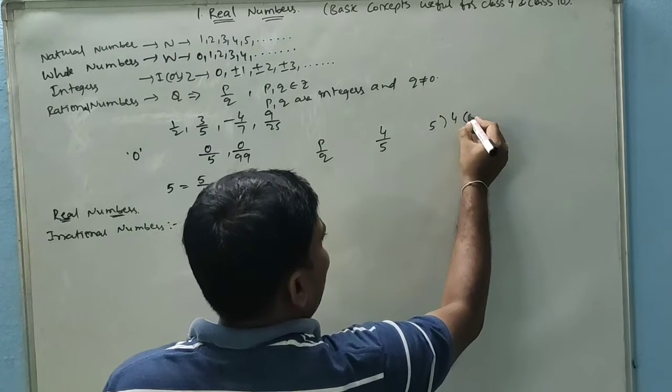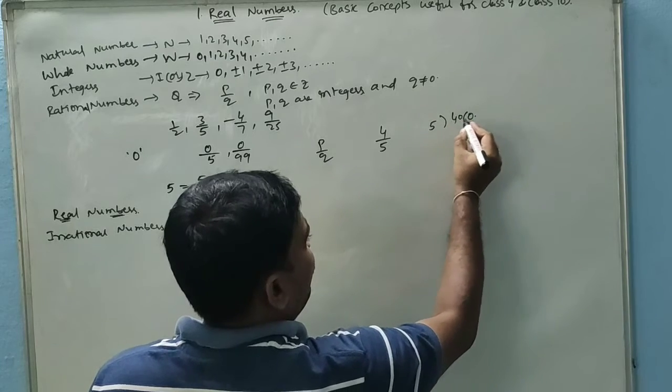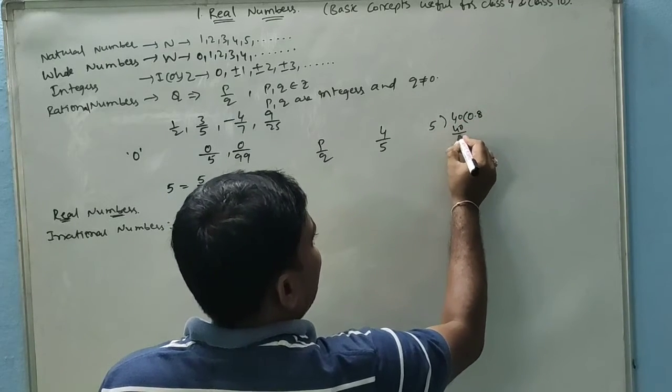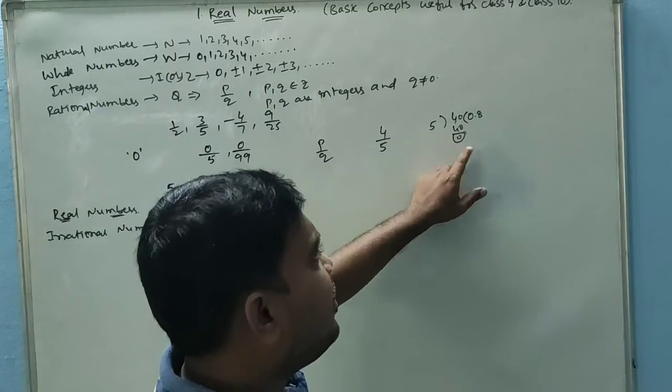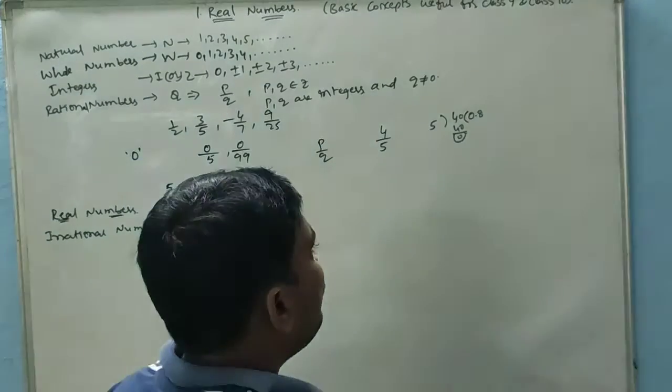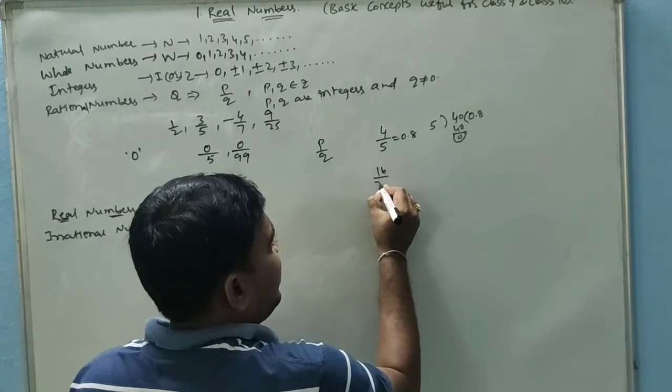If we divide 4 with 5, 4 is less than 5, so I take 4 point, and immediately I keep 0. 5 into 8, 40, remainder 0. So it is terminated because the remainder 0 came. So 4 by 5 equals 0.8. Next, 16 by 25.